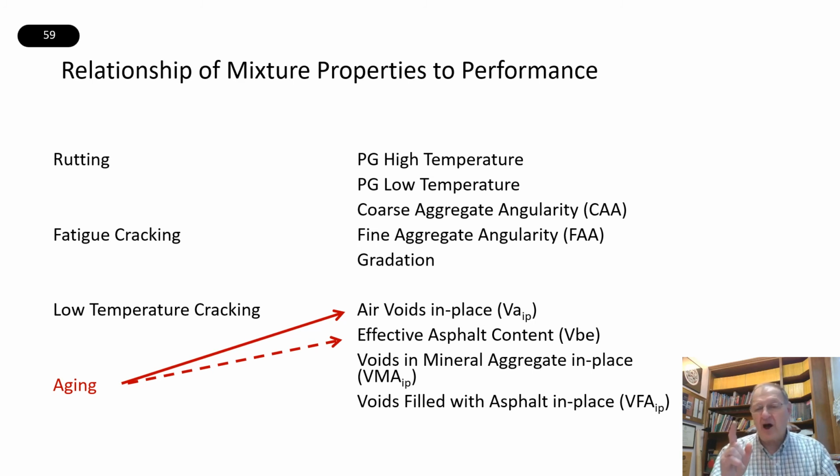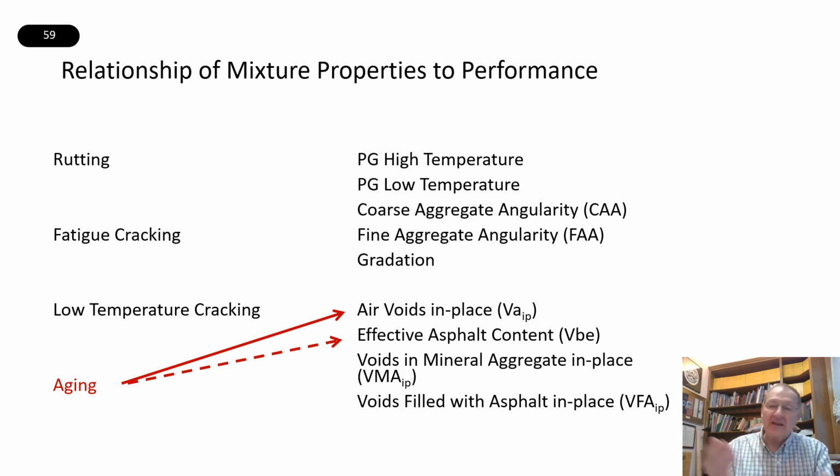It turns out that oxygen can permeate through a film of asphalt that's 300 microns thick. That means it's 0.3 millimeters thick. That's thicker than the films of asphalt that we have in a hot mix. Our films of asphalt in hot mix asphalt, depending how you calculate it theoretically, are somewhere around 8 to maybe as much as 12 microns, nowhere near 300 microns.